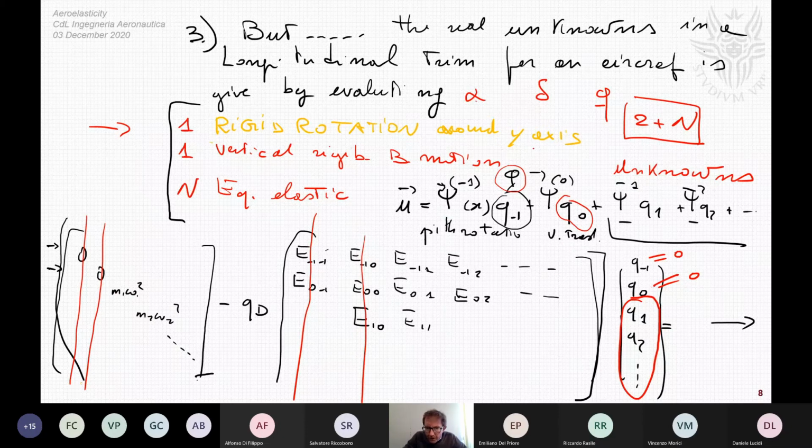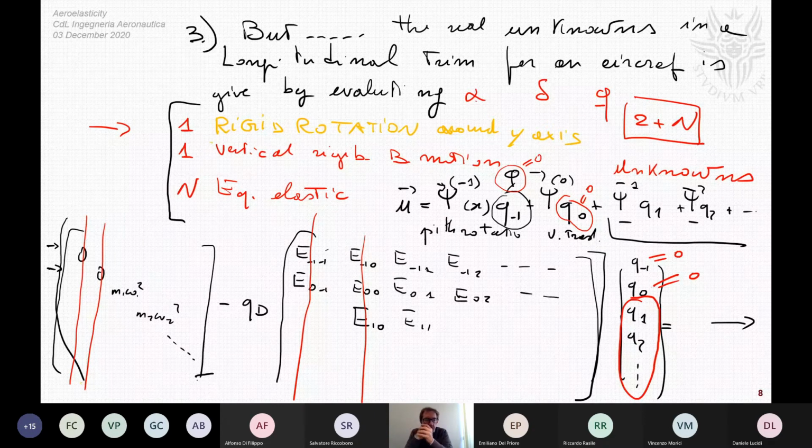So these two variables in trim condition are set to be zero, this zero and this zero, if you want to balance your aircraft longitudinally, okay? So essentially we are considering the final equation for trimming an aircraft longitudinally. And as a final result of this, we have as final unknowns the angle of attack and the delta angle to be considered in our analysis.